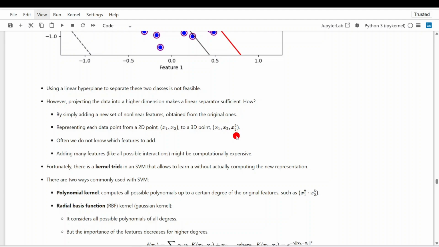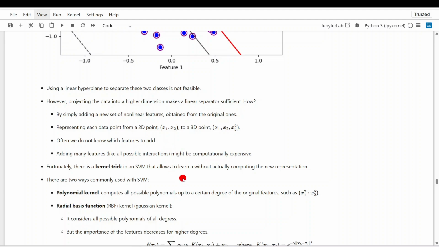But here we don't know which feature to add, especially if we have a large number of input features. And adding many features, like considering all possible interactions, could be computationally expensive.